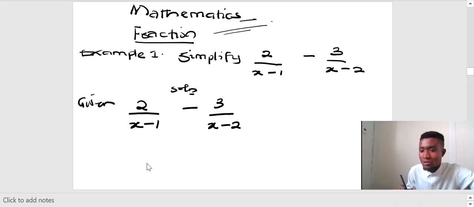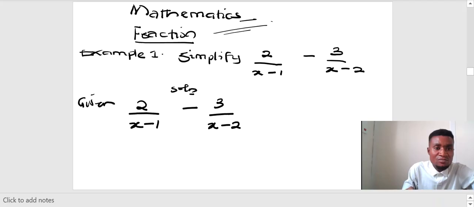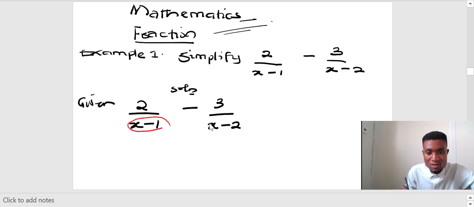First of all, you just need to bring out the lowest common multiple, that is the LCM, of these fractions. So we want to start with the denominators. Look at this denominator and look at this denominator.